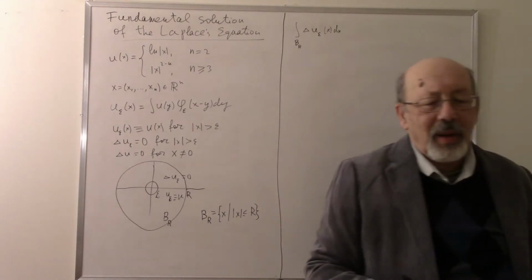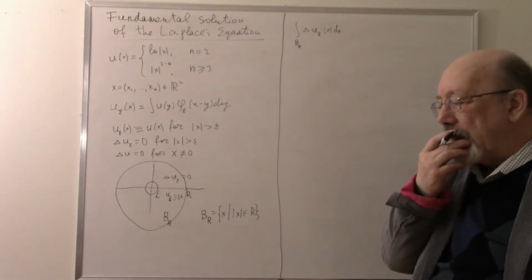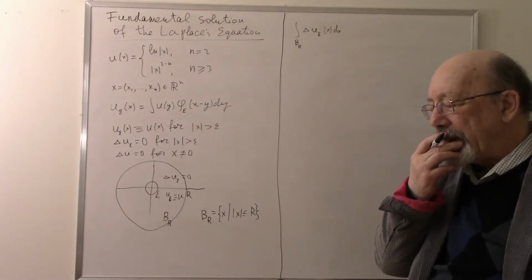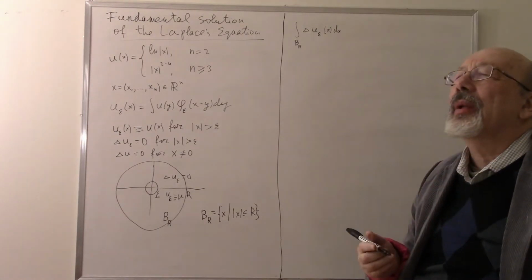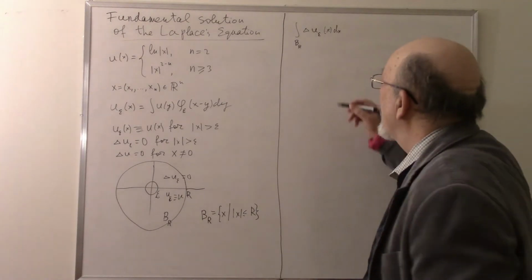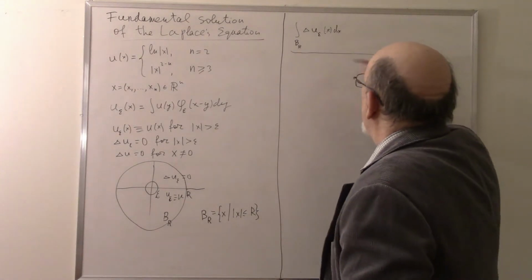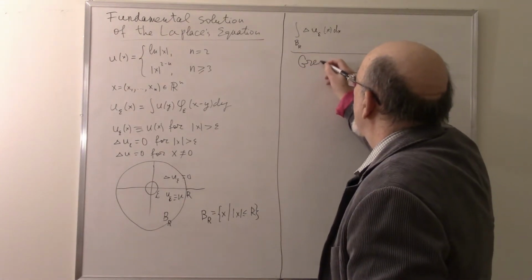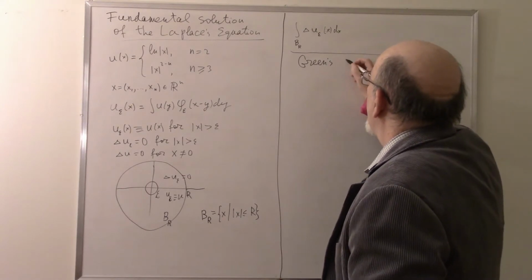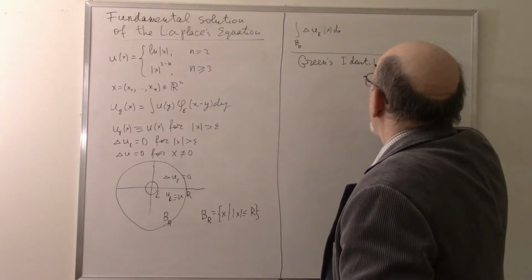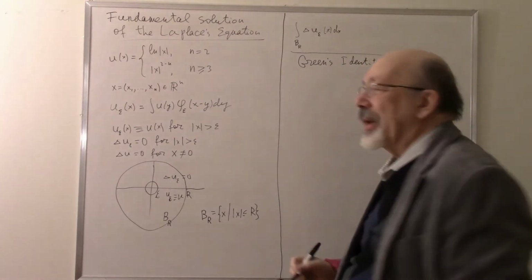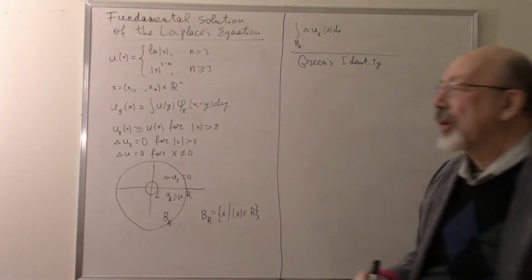Now, I wanted to remind the great equality, which is called Green's identity. Green's identity reads as follows.